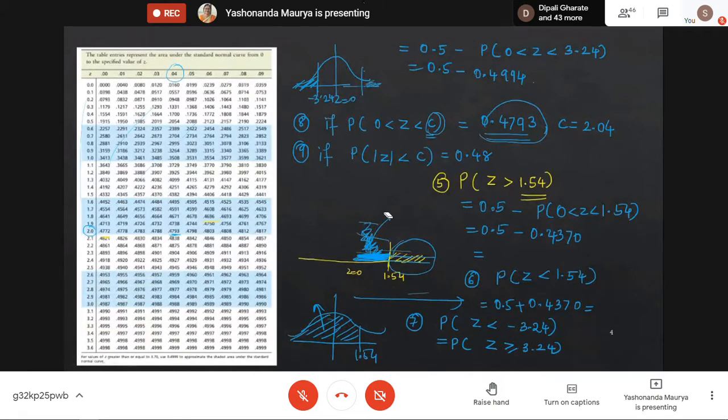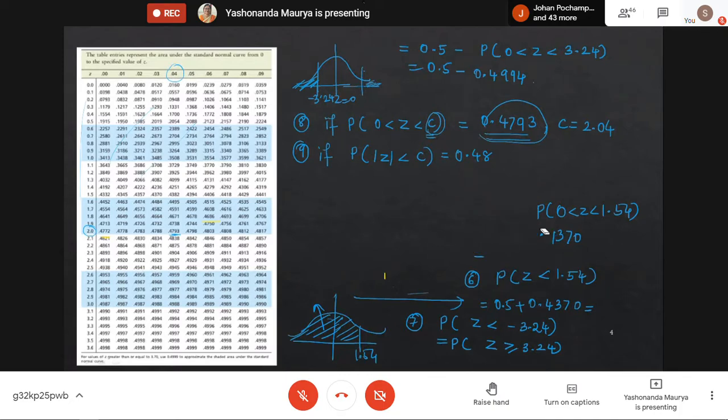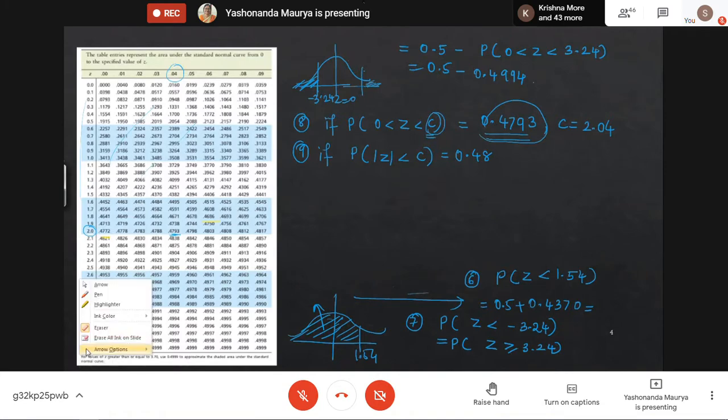I'll erase this part also. How do we solve this one? What is the value of mod Z here? Mod Z is less than 3.